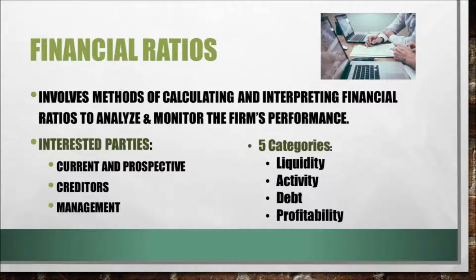And there are five categories, and there's a lot of info that goes under all of these: liquidity, activity, debt, and profitability. Liquidity is the ability to satisfy short-term obligations, usually within the year. And then activity is the type of ratio that deals with inventory turnover, average collection period, average payment period, and total assets turnover.